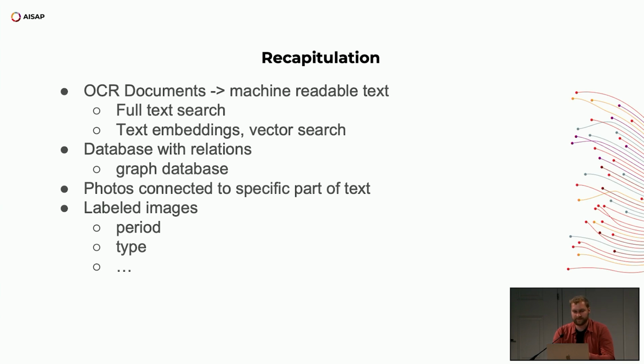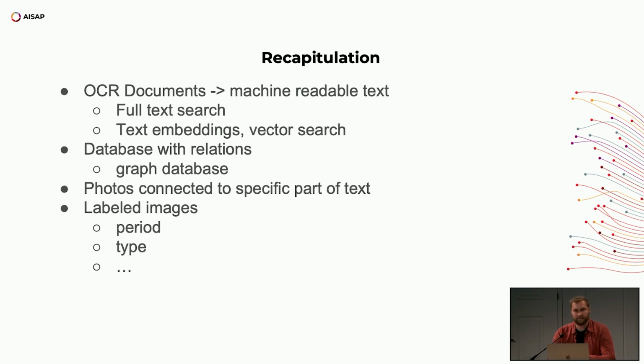We can embed this text into vectors and search for semantic meanings of our sentences, etc. We have databases with relations, and we have graph databases that allow us to connect information between these artifacts and graves and other areas.